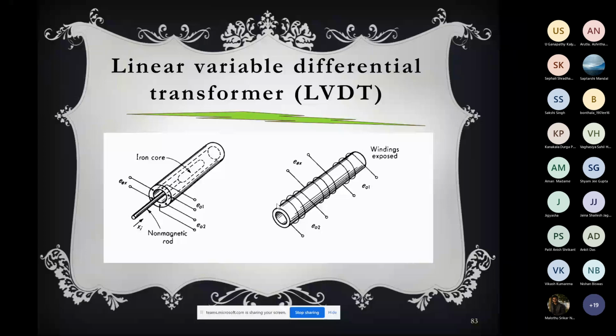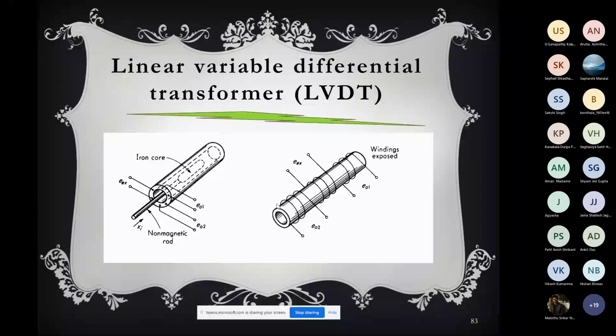So by measuring the differential of the two secondary voltages, we can measure xi, which is the displacement being measured. If you see, core above null is this, core below null is this.